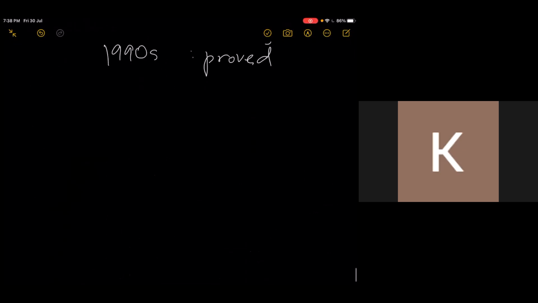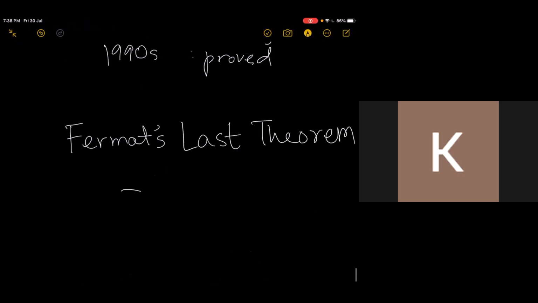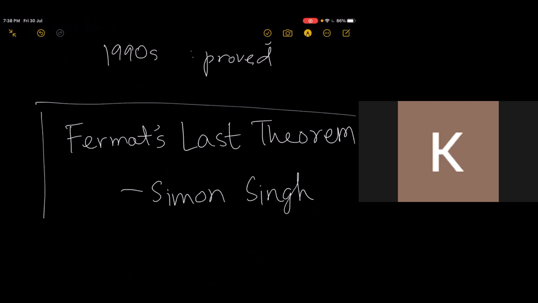Okay, do one thing. There is this book called Fermat's Last Theorem by Simon Singh. It does not have the proof. Don't worry, I'm not scaring you. It is a pop sci book. You can read this book, very nice book.